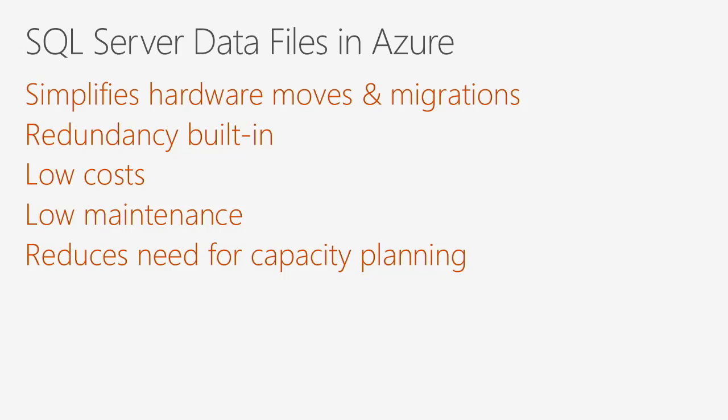It removes the need for capacity planning in terms of, oh, this is going to grow to 5-10 terabytes. You can use the Azure storage, and as long as you're within the limitations of single file or however your storage account is, it's almost endless in what you can do.